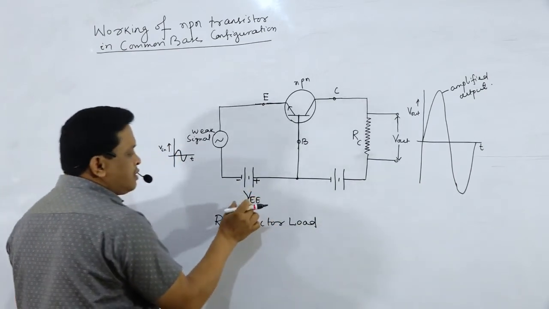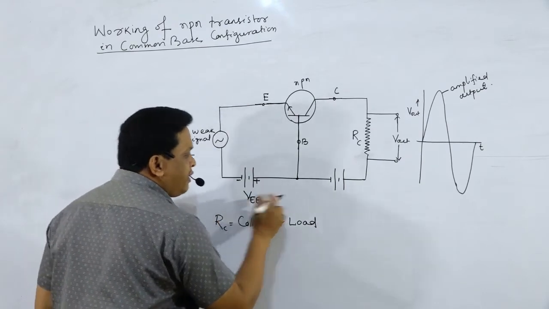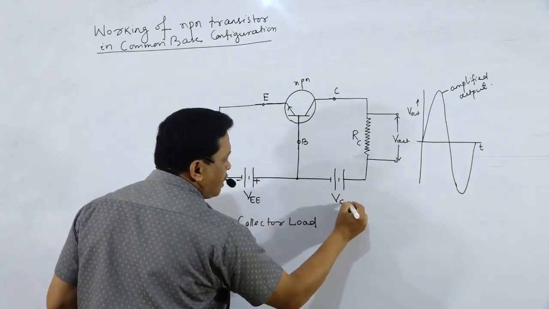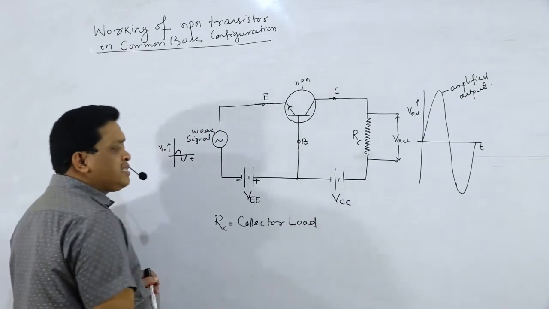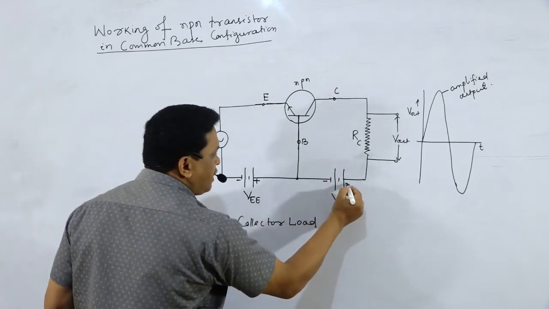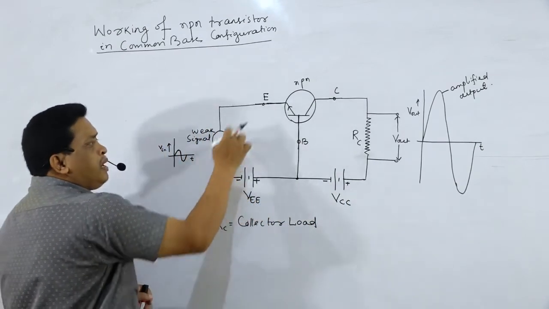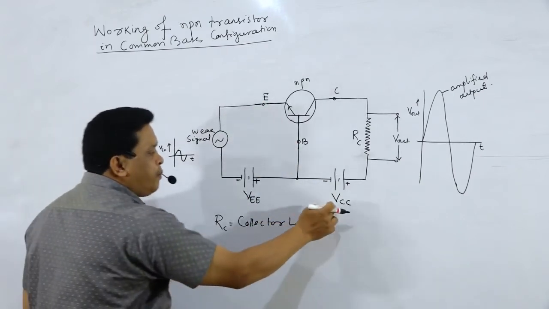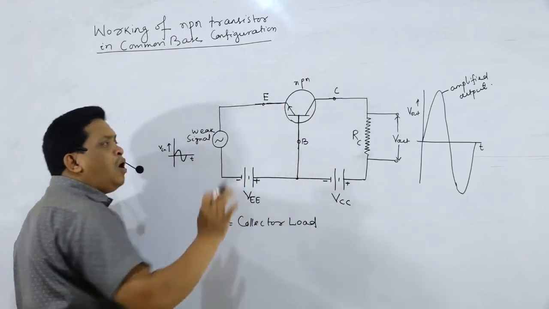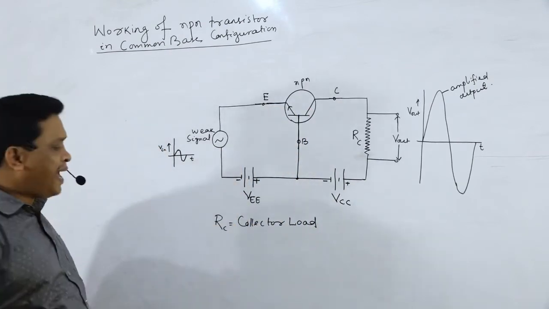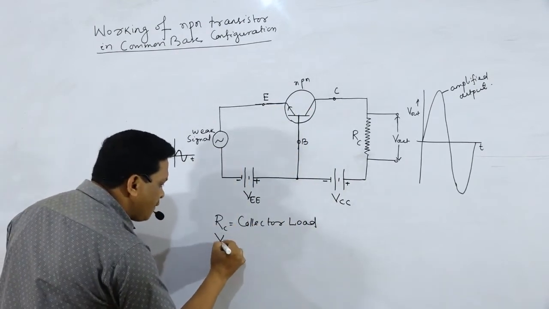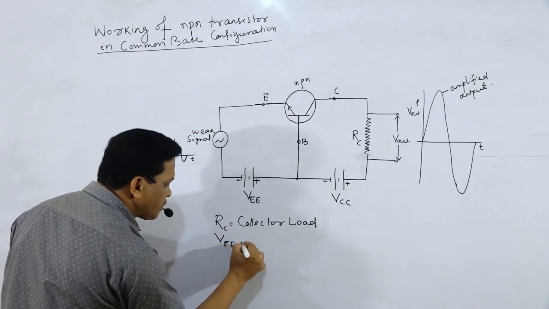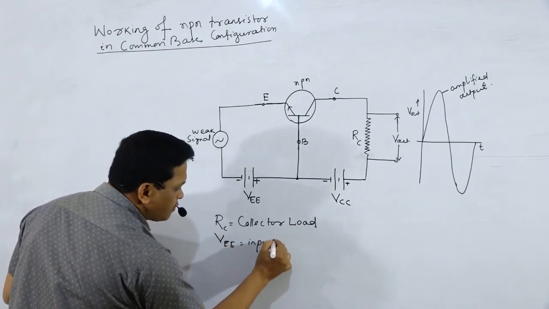Two batteries. One is your input battery VEE and another battery VCC. The input battery keeps the input PN junction forward biased, and the output battery VCC keeps the output PN junction reverse biased.